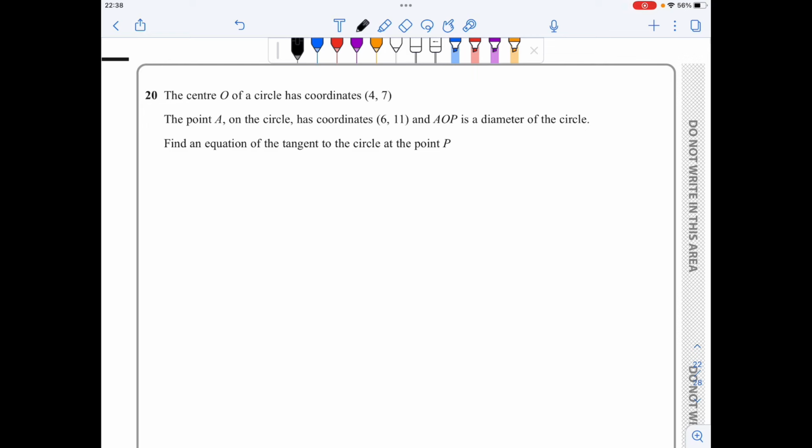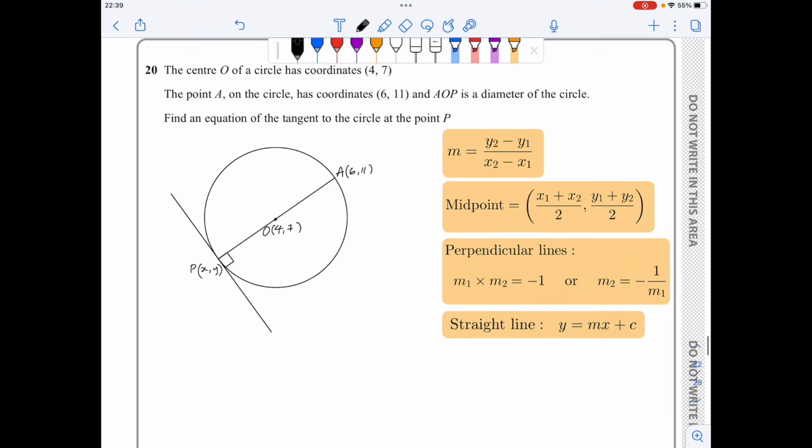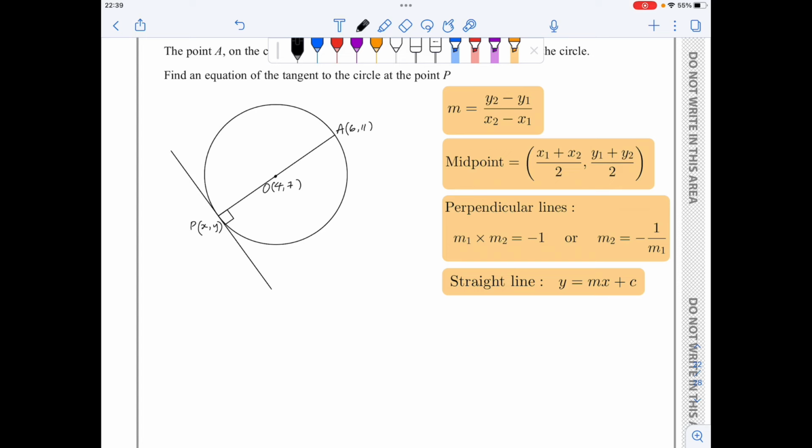For question 20, I'll start by drawing a rough sketch of the circle and the tangent. Now to find the equation of the tangent, I'll use the following formulae. I'll start by finding the coordinates of point P. Now O is the midpoint of AP, so using the midpoint formula, 6 plus x over 2, comma 11 plus y over 2 must be equal to 4, 7.